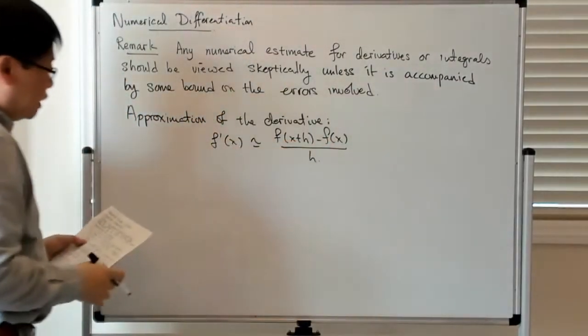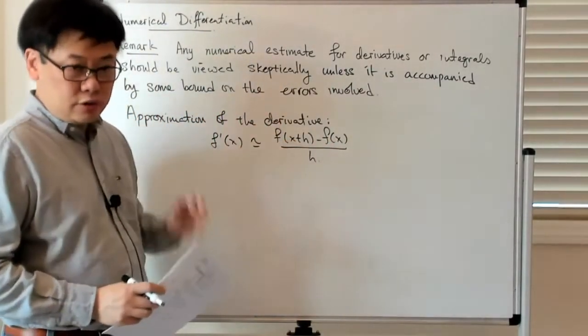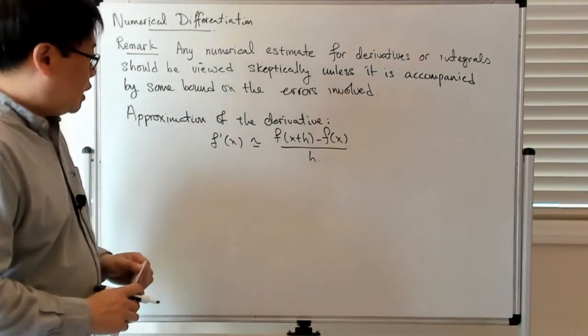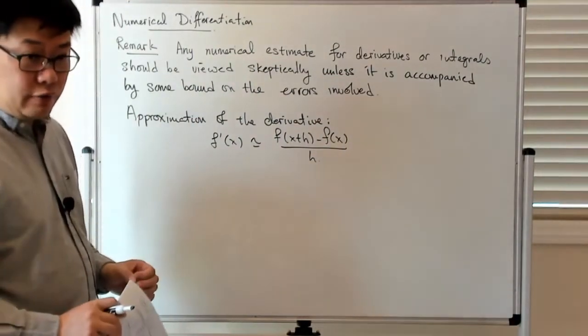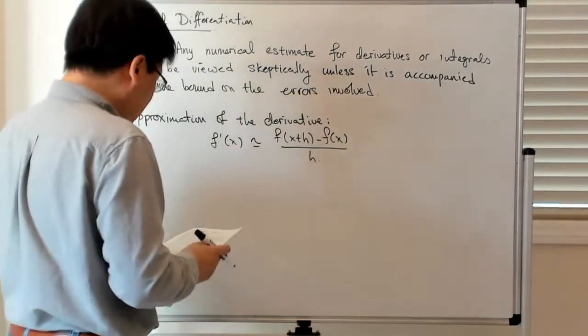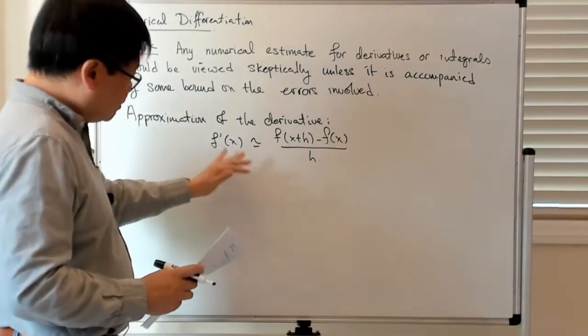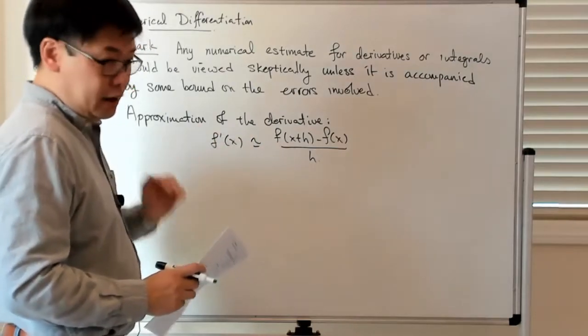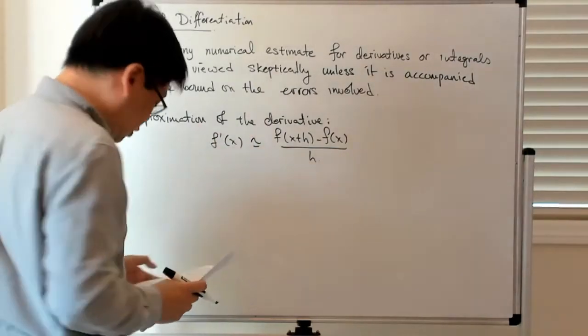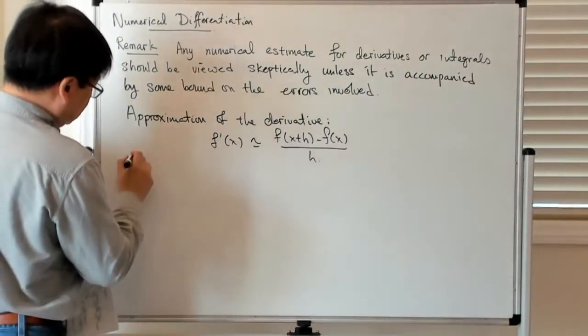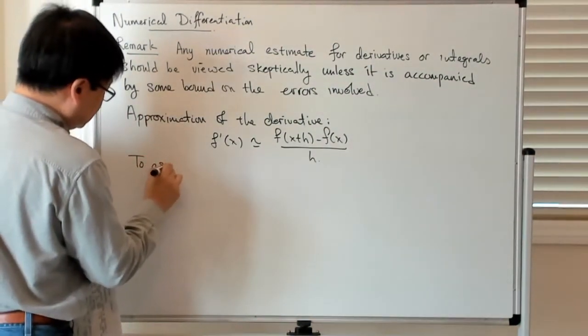And of course, if you let h go to 0, that's obviously the usual limit definition of the derivative of a function. Okay, so you can ask, what is the error you introduce when you approximate f prime by this finite difference approximation?